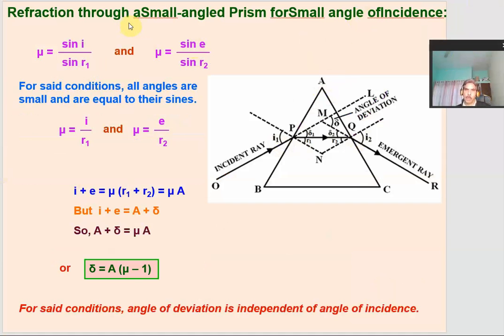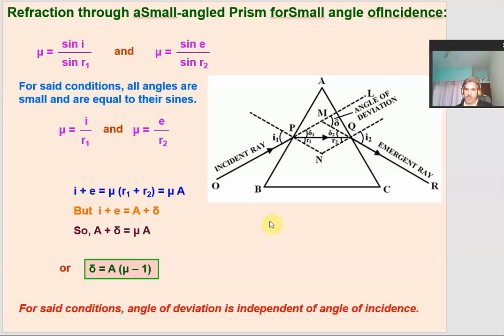So we take that the angle of prism, this angle, is very small, which is the case of a thin prism. So when the prism is thin, this angle becomes very small, and whenever we keep the angle of incidence small, in that case we will come to know about a very important result.